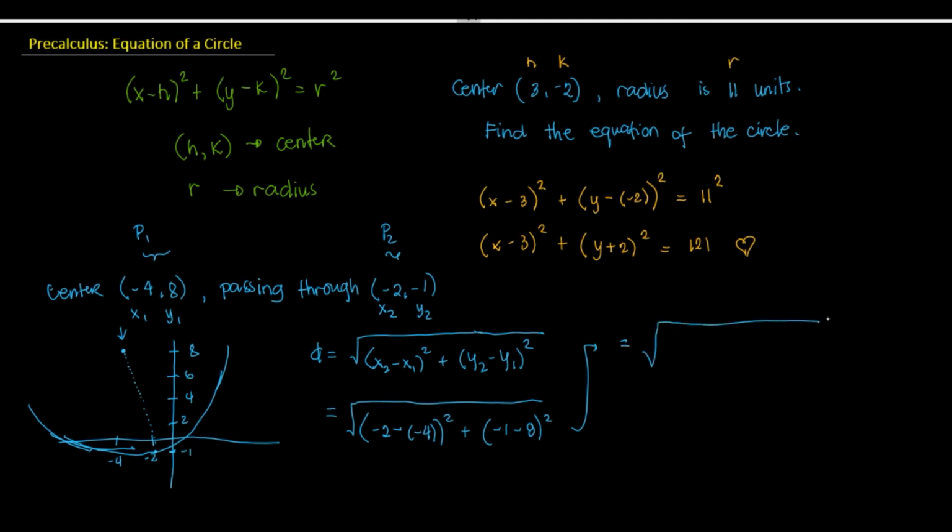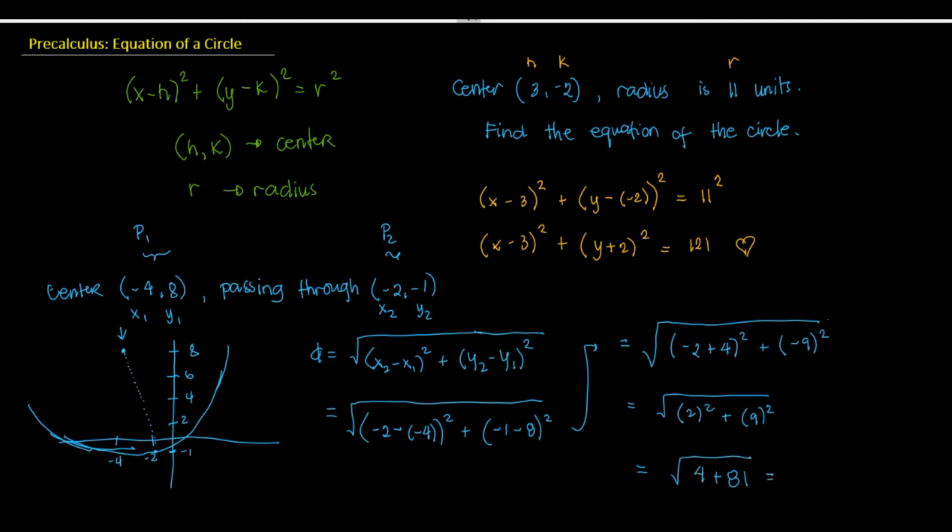This gives us the square root of (-2 + 4)^2, since negative times negative is positive, plus (-9)^2. Alright, so this is going to be 2 squared plus 9 squared. 2 squared is 4 plus 81.